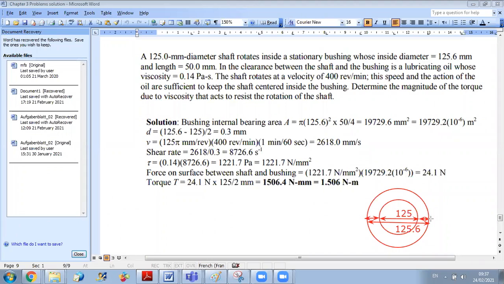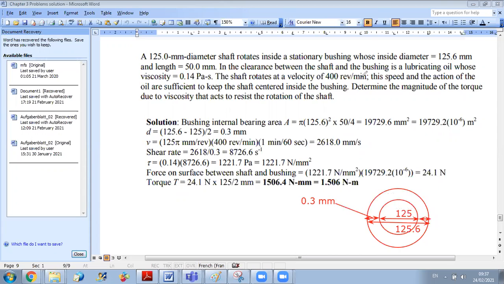So the clearance between the two will be equal to 0.3 millimeter in dimension. Okay.